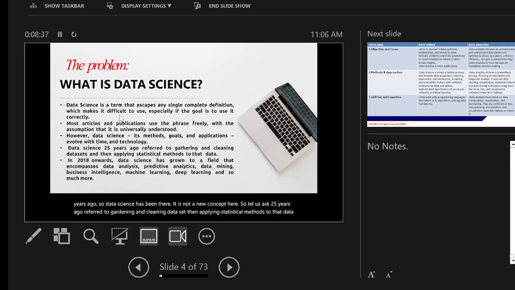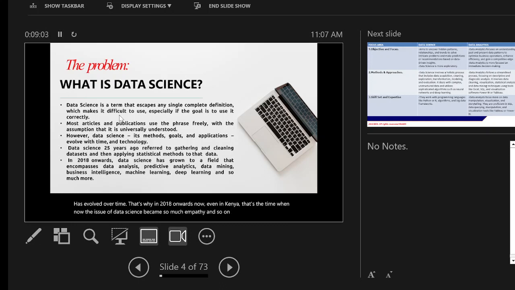Especially those people who did economics and statistics at that time, it was still data science. But the technology and how it was approached has evolved over time. That's why from 2018 onwards, even in Kenya, data science became so rampant.